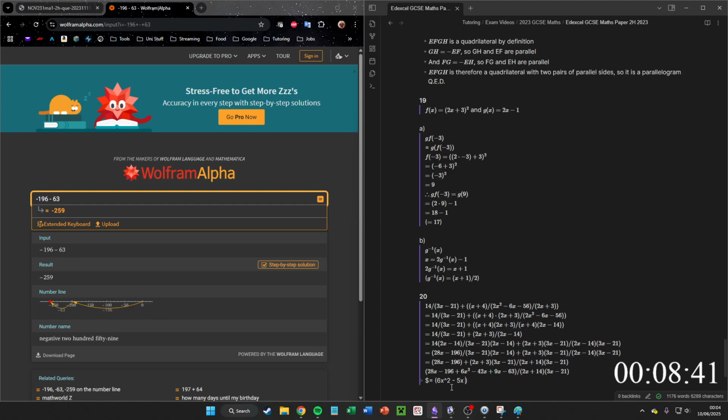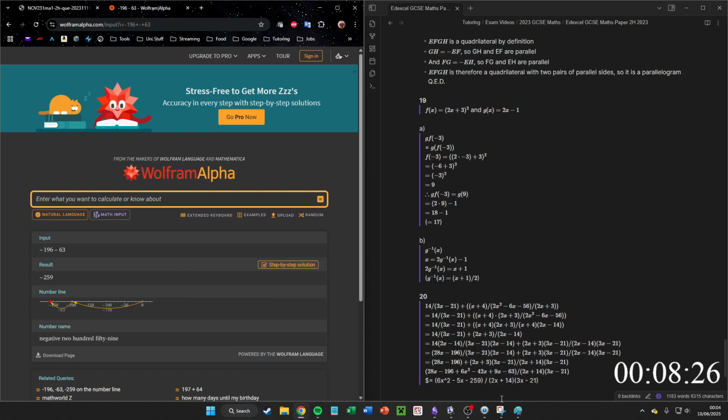That's not going to be a nice number to work with, is it? But there we go, 259. And then 2x minus 14, 3x minus 21. So this has to now factor, we have to be able to pull one of these out of one of these to make it work. I'm going to guess that it's 21 because 259 is not a multiple of 14.